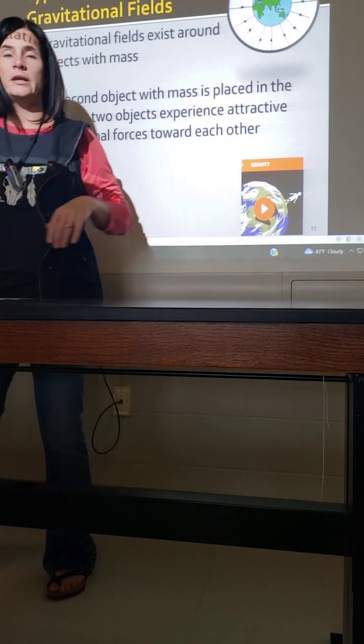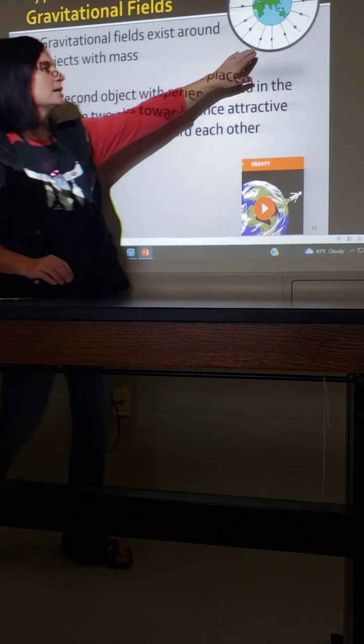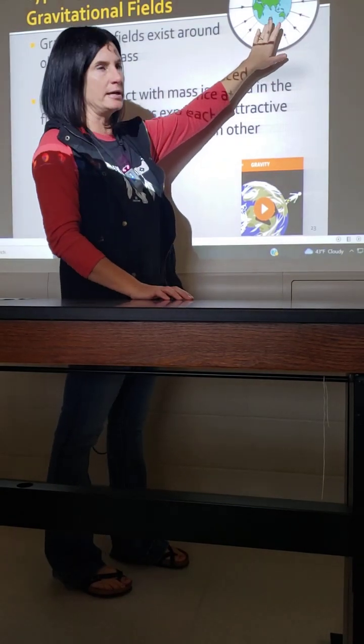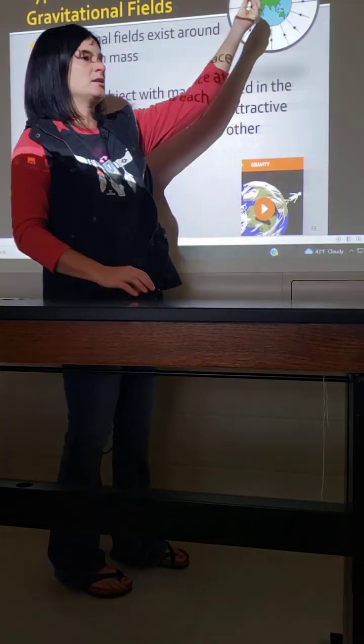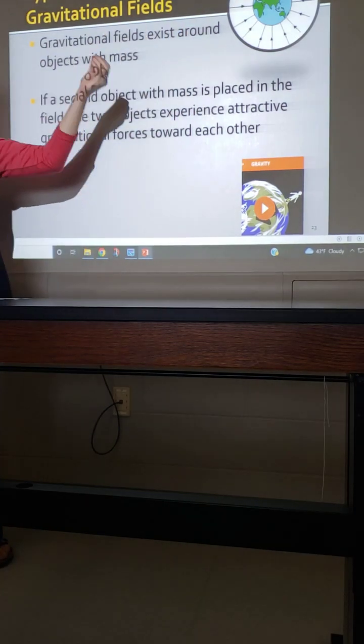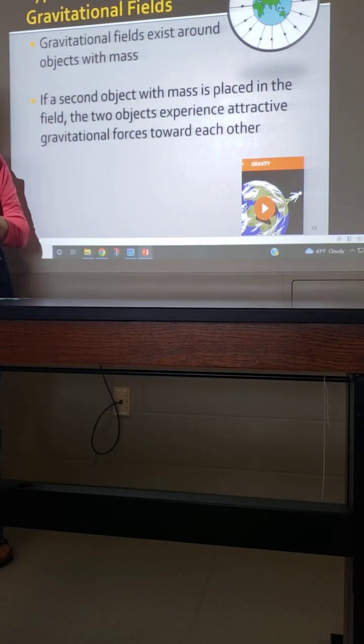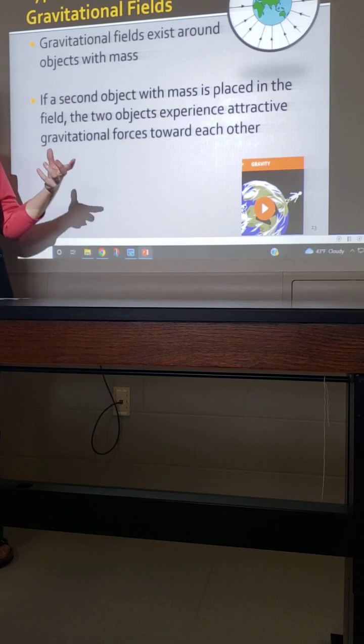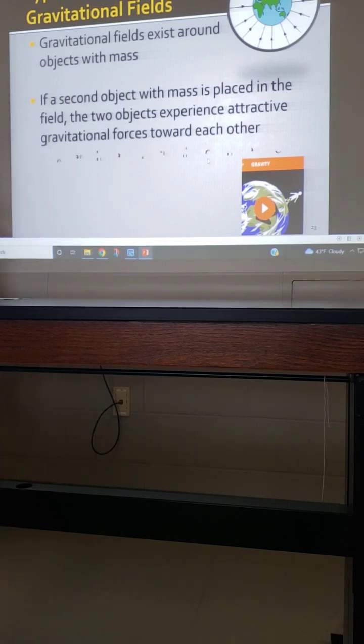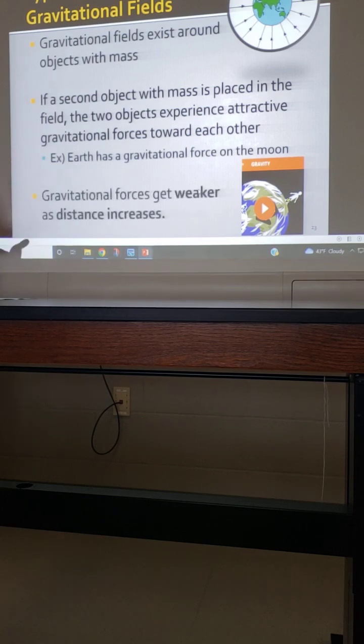Yeah, Earth, right? We're being pulled to Earth, and you can see with these arrows, these gravitational field lines, we're being pulled to the object of the greatest mass, and that is the planet Earth that we are now on. We are being pulled towards the center of that massive object. Earth not only has a gravitational pull on us, keeping us on its surface, but it also has a gravitational pull on the moon, which is why the moon is in our orbit, right?